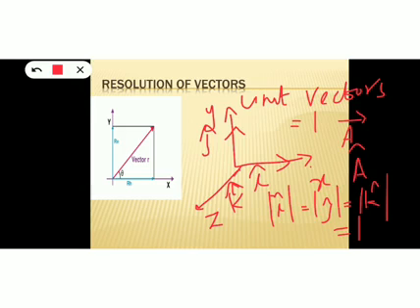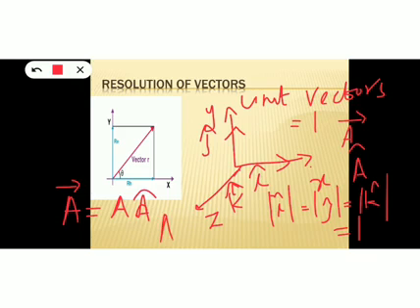Okay, and also a vector A can be represented in terms of a unit vector like this: magnitude and its unit vector. So vector A can be represented as A into A cap, where A cap represents the unit vector acting along the direction of A. So, how will you find out A cap?